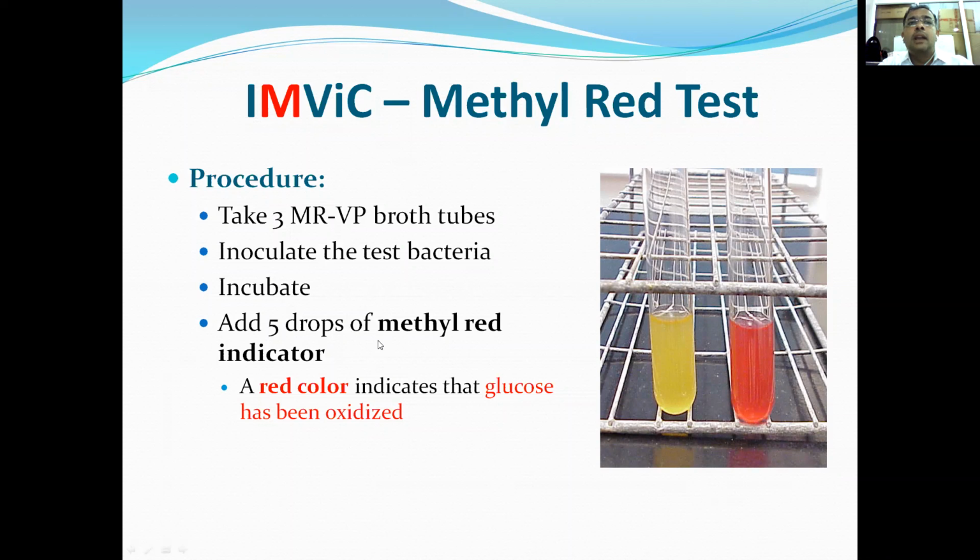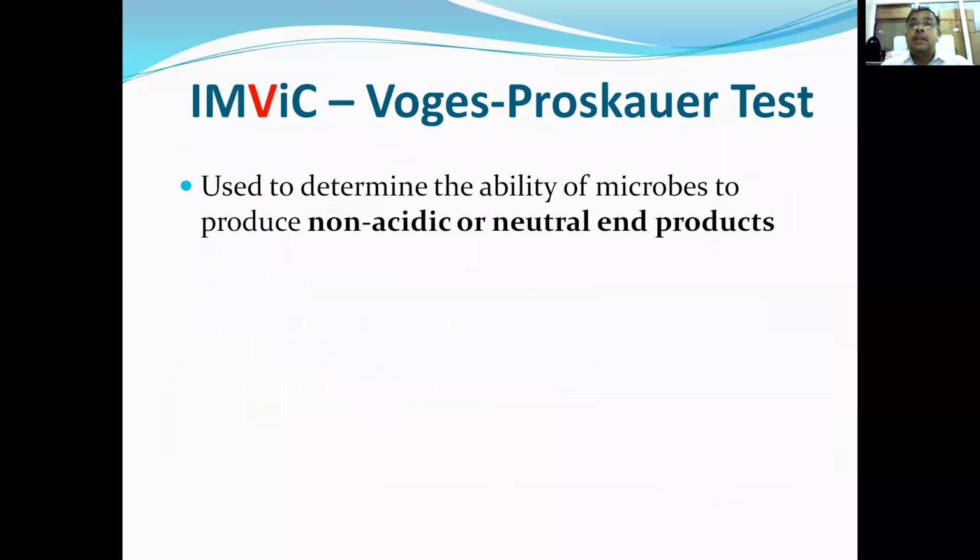When you add the methyl red indicator to the overnight incubated culture, if it produces a red color, this indicates that glucose has been oxidized, and that shows that the MR test is positive. So this is about the methyl red test.